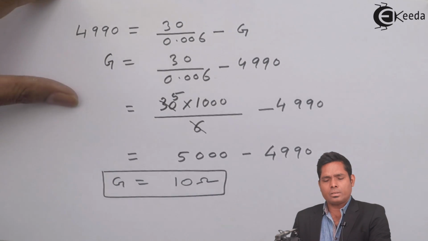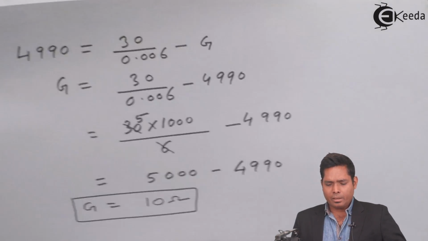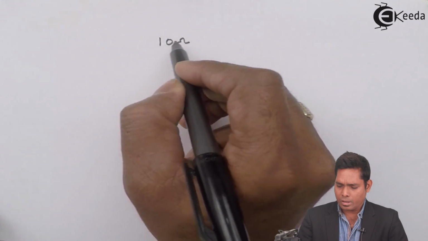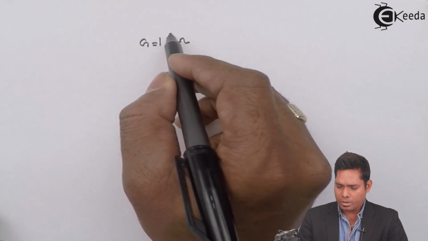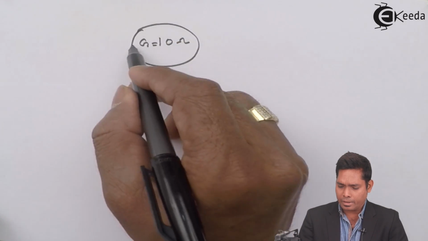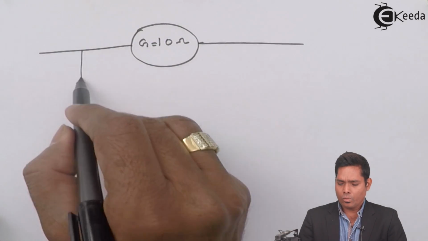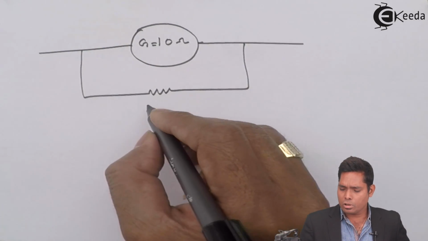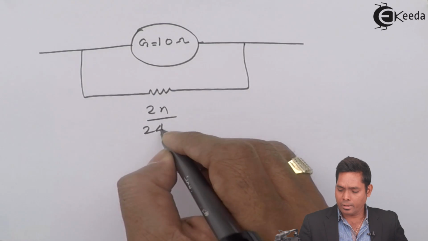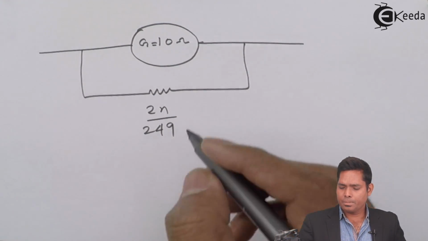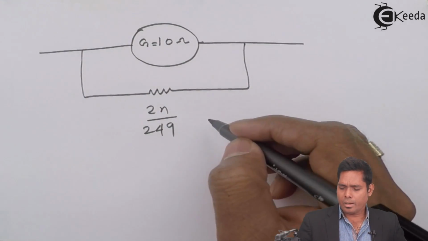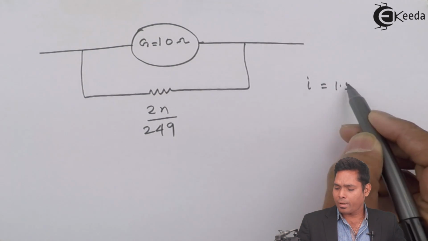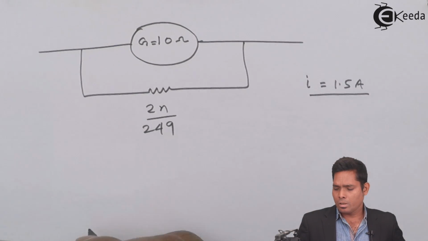To convert this galvanometer, which has a resistance of 10 ohm, the galvanometer is connected in parallel. This process is called shunting. When you shunt a resistance of 2N over 249, this becomes an ammeter, and it can measure up to a maximum current of 1.5 ampere. This is given in the question.